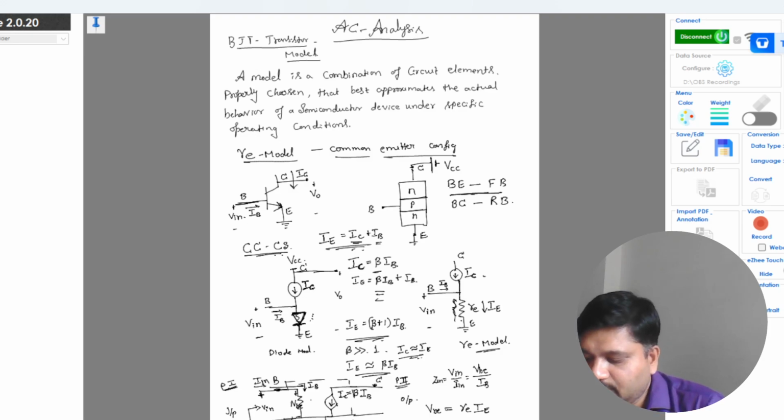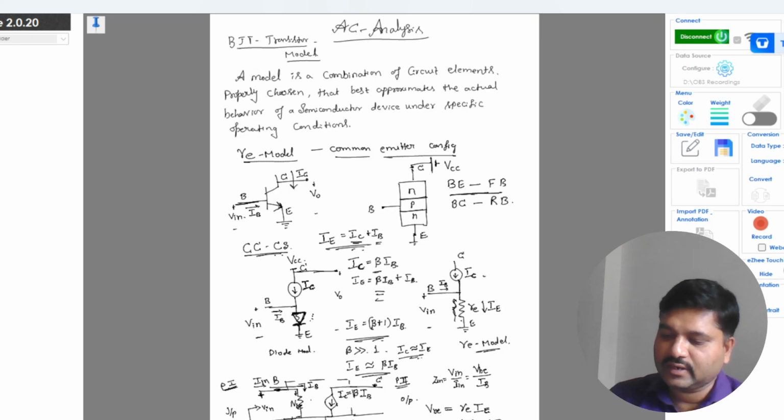But IE is 1 plus beta times IB, where IB is my base current. So my VBE will be 1 plus beta times IB into RE.